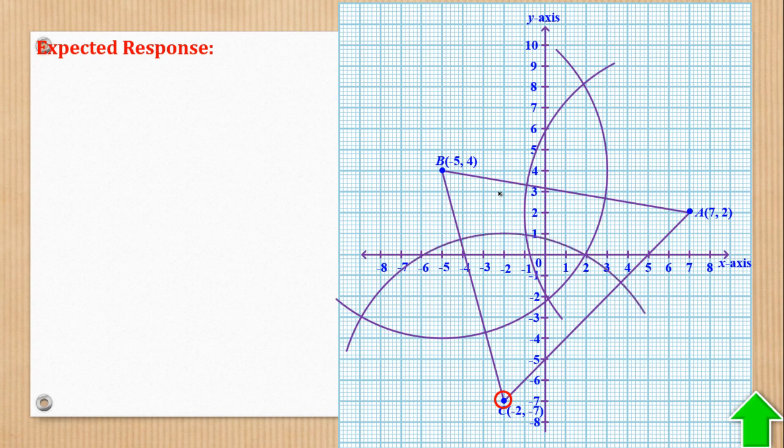Now from there, next is to join. We are going to join using a ruler, join this point to this point. So let's do that. When we join, we come up with that. Then also, we need to join this with this and draw a line through them. Now you will realize that these two bisectors intersect at this point.